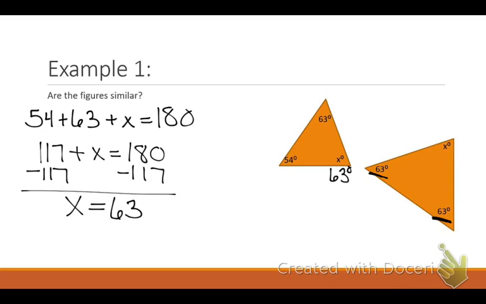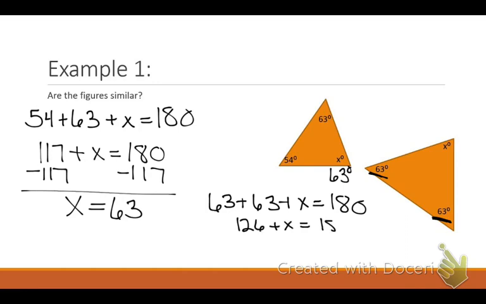But let's just do the second triangle so I can show you. What's 63 plus 63? That's 126. And then what's 180 minus 126? That's 54. Guys, you don't even have to show all these steps, but how many seconds did it take you to verify that the third angle was 54? Like 30 seconds?